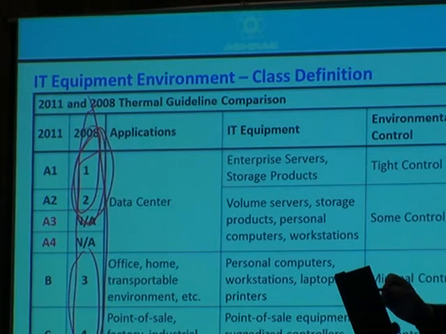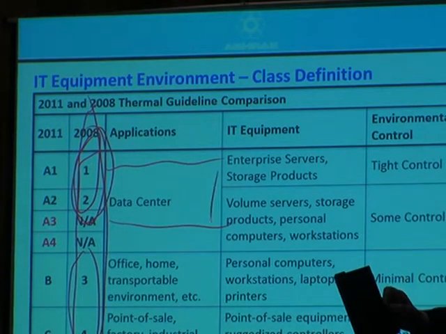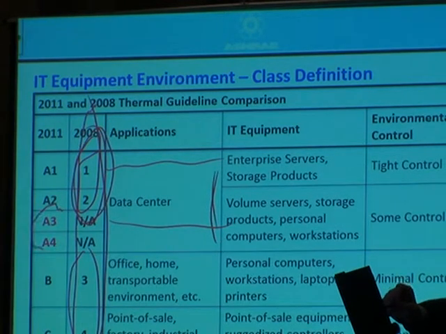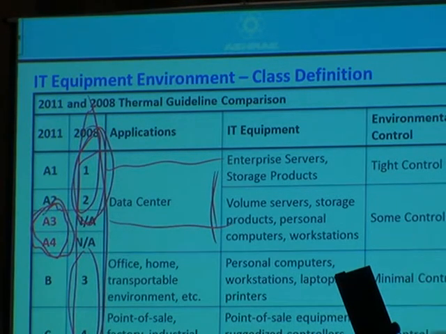And these were divided into 2 categories, enterprise storage and volume servers, but these have been coming together over time. So in 2011, we defined 2 new classes, and we're renaming the classes A1, A2, A3, and A4. The 2 new classes are A3 and A4.